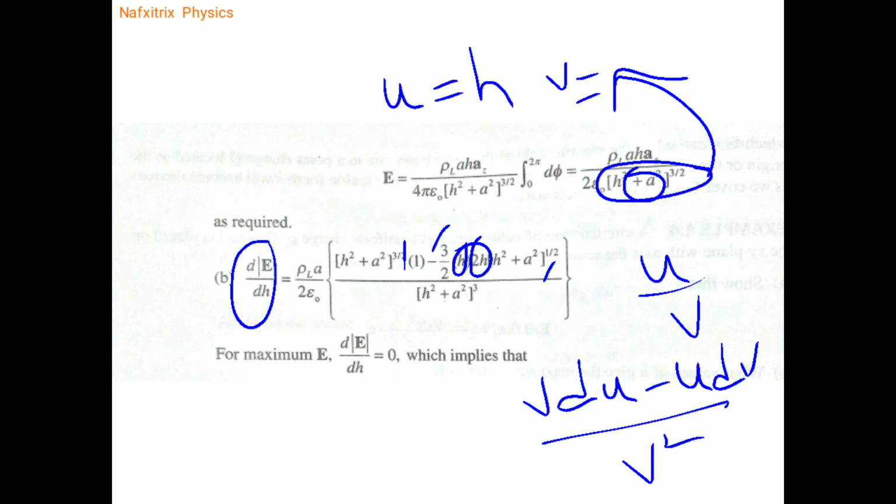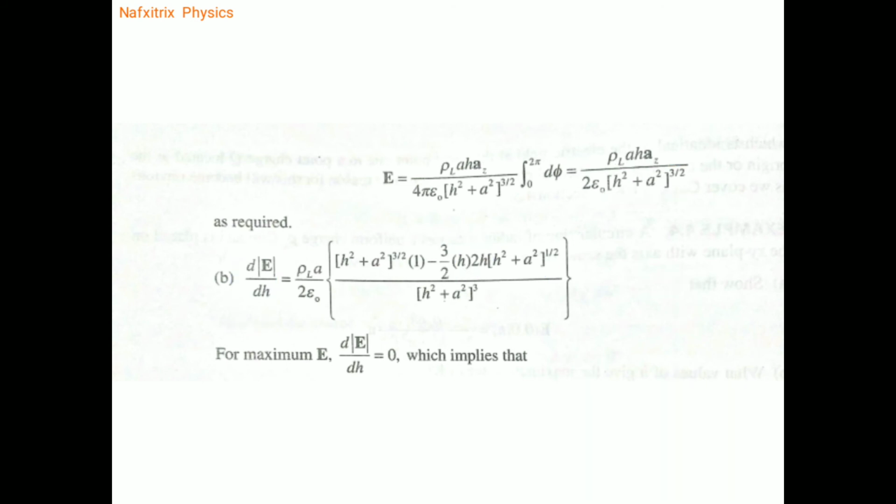So if we differentiate this v value, we would get this entire thing except h. So it is based on differentiation. On doing differentiation we will get, and finally divided by v square.